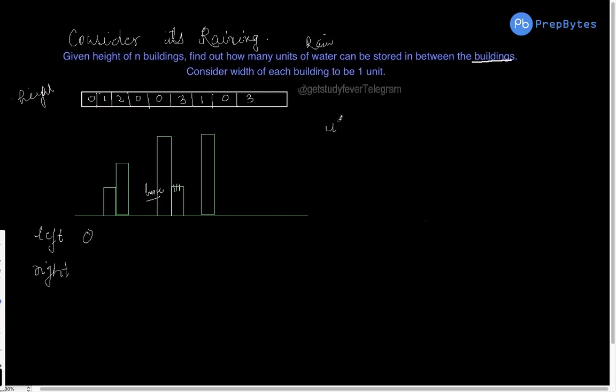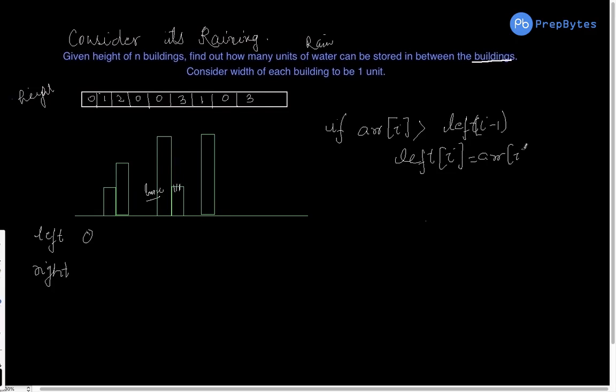So if the value of array of i is greater than the element that is before, which is left of i minus 1, I will simply update my left of i to array of i, else I'll update my left of i to left of i minus 1. So in our case, this is greater than the previous element. So what we will do is, we'll update left of i with 1.